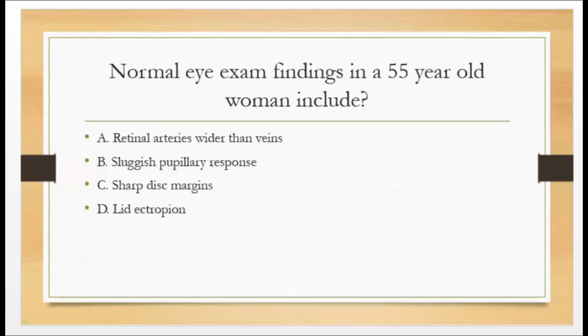Normal eye exam finding in a 55-year-old woman will include, what do you think? What will be normal? Retinal artery wider than the vein. Is that normal? Sluggish pupillary response. Is that normal?